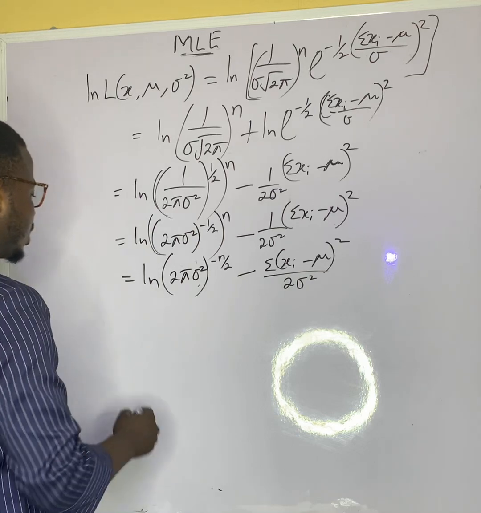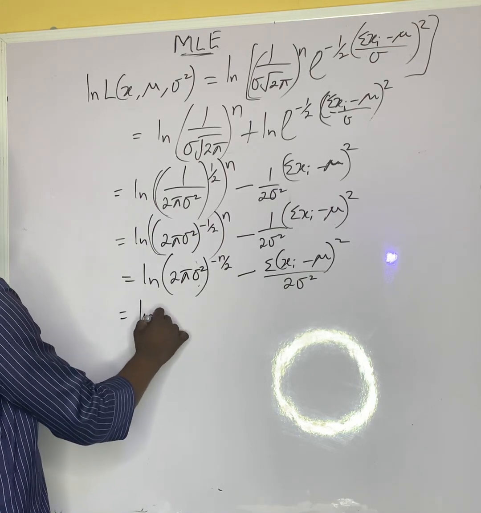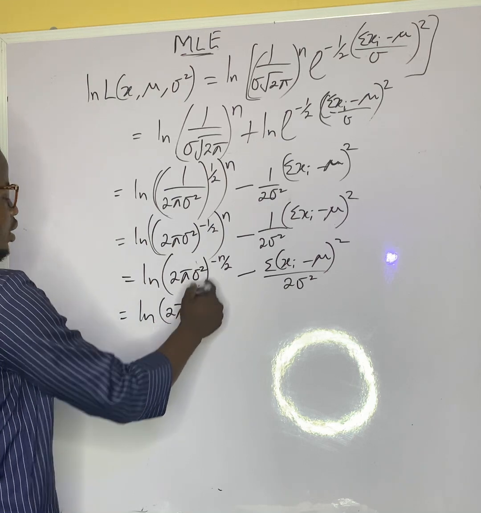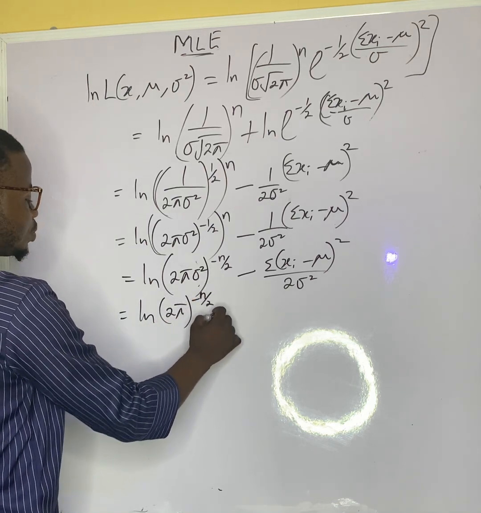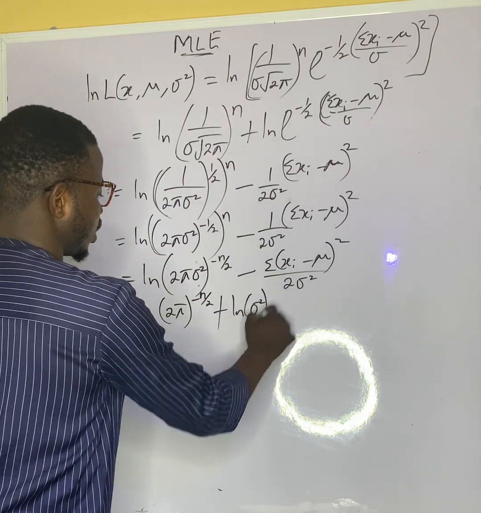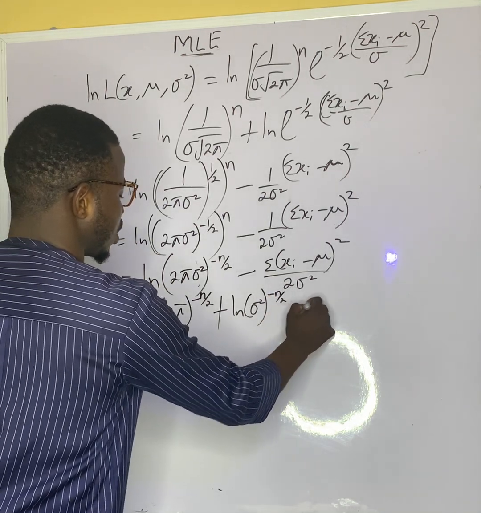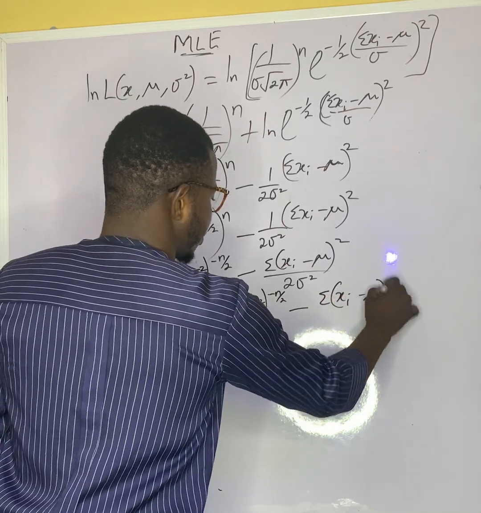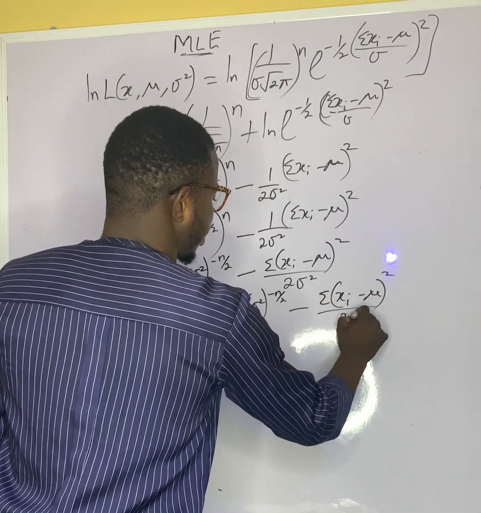And we can still write this one as the ln of 2 pi, these 2 pi are actually together, raised to the power minus n over 2, plus the ln of sigma square raised to the power minus n over 2, minus summation (xi minus mu) all squared over 2 sigma square.